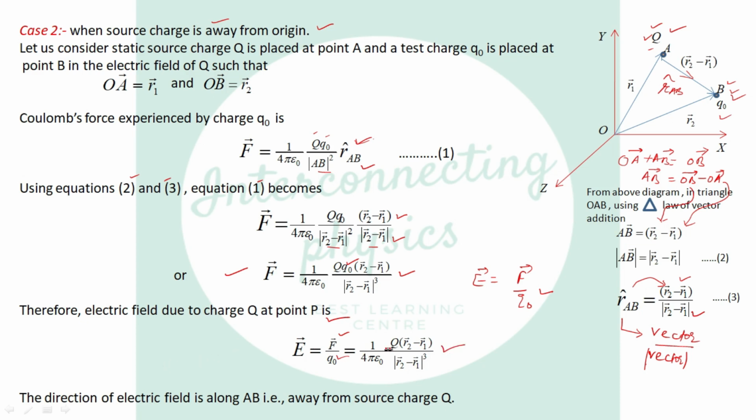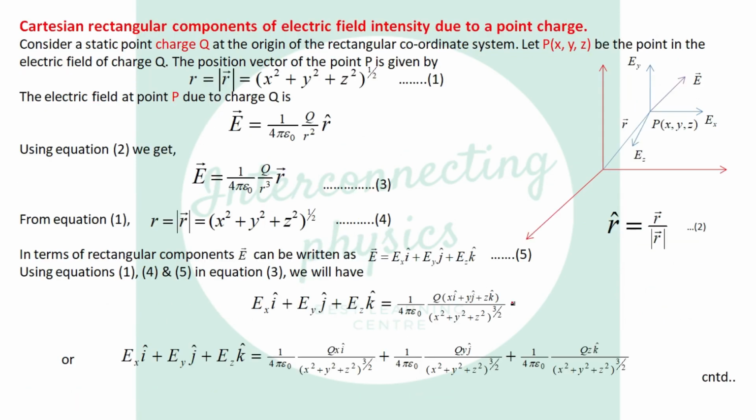So we see in this relation, electric field does not depend upon the test charge, it only depends upon the source charge. Now let's see further Cartesian rectangular components of electric field intensity due to a point charge.